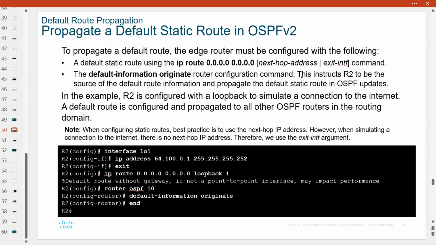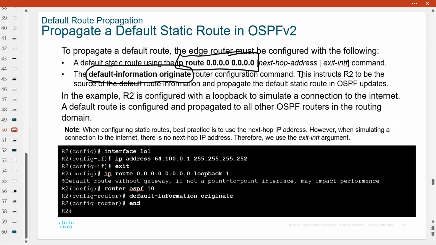Default-information originate, in router configuration mode. This instructs router 2 to be the source of default route information and propagate the default static route in OSPF updates. So in all the updates, we tell every router that if you have a packet which is not matched, therefore destined to the default route, this is the address you are going to use.